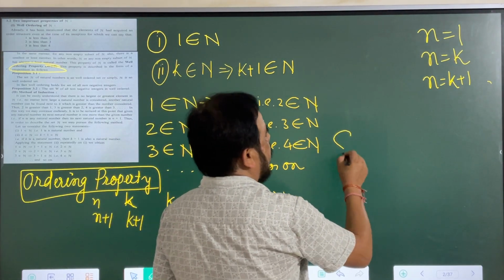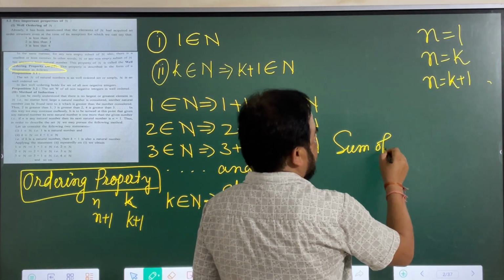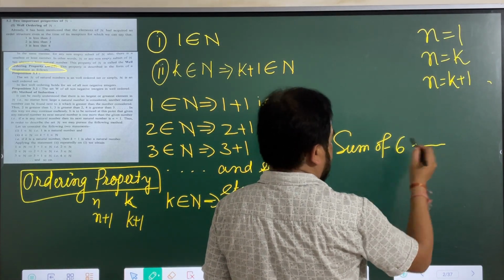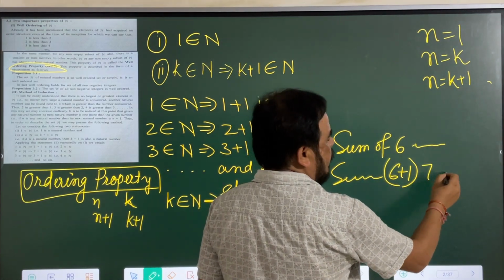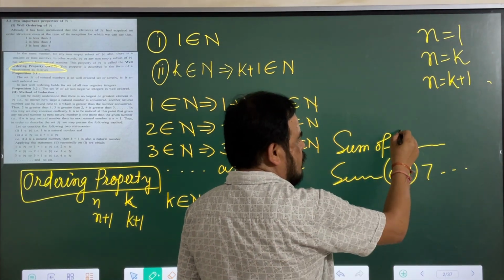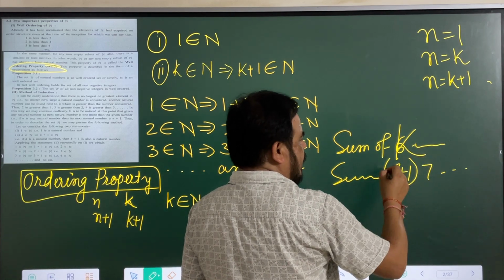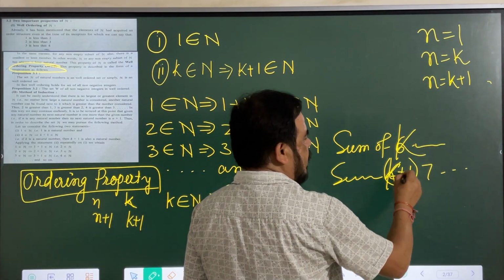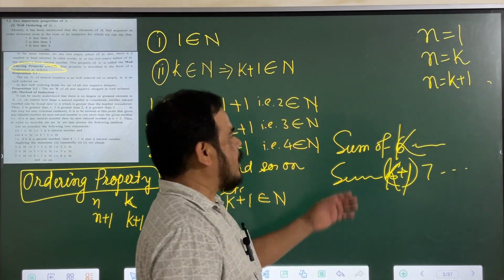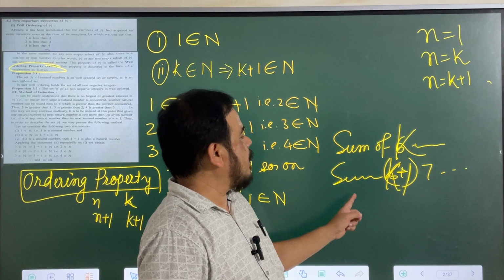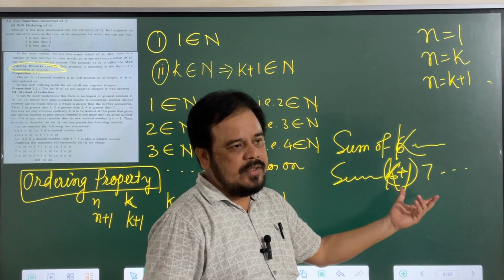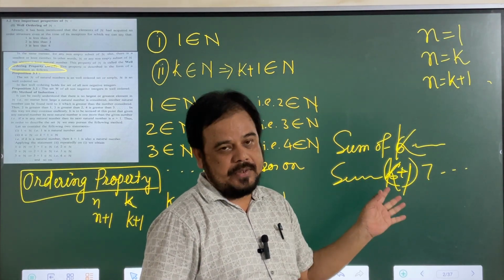The sum of, let me write, the sum of 6 natural numbers. Then the sum of 6 plus 1, that means what? 7 natural numbers. So in place of 6, if we think k, then in place of 7 we will write k plus 1. So the sum of 6 natural numbers will be a natural number. The sum of 6 plus 1, meaning 7 natural numbers, is also a natural number.